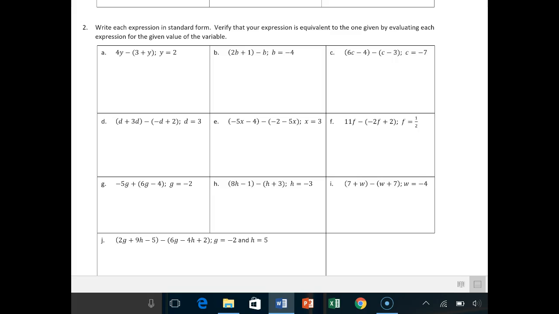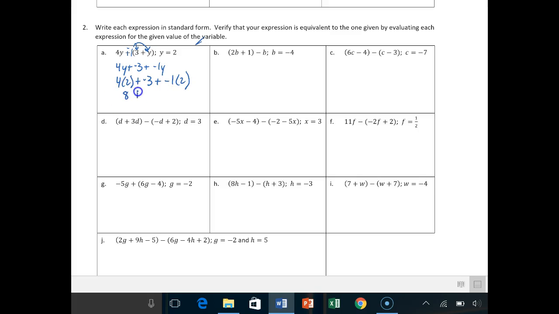So what I want to do right here is we'll do a couple of these. We have a minus sign, so plus negative 1, right? We're distributing that negative, and we have 4y plus negative 3, plus negative 1y. And now we plug in for 2. So 4 parentheses 2 plus negative 3 plus negative 1 parentheses 2.